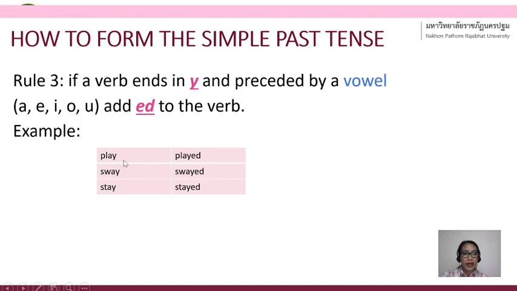Example: play, played, sway, swayed, stay, stayed. So that's rule number three. If the verb ends in Y preceded by a vowel, always add ed to the verb.